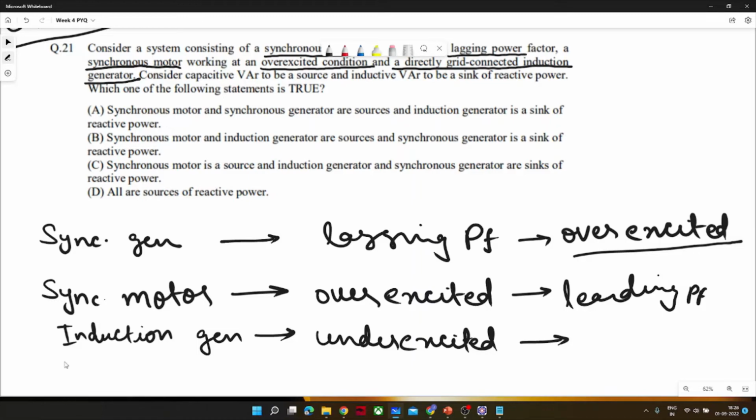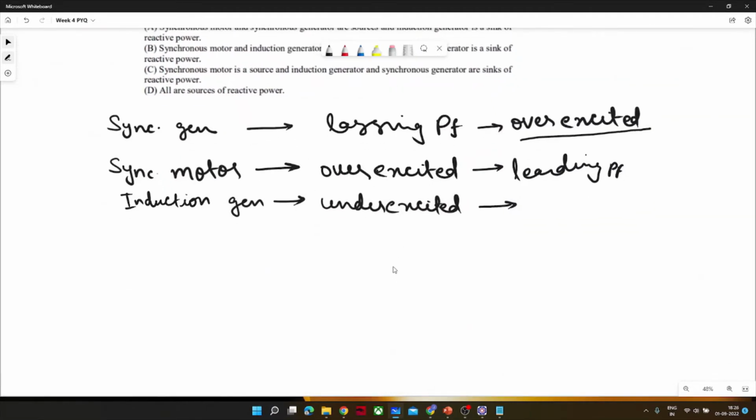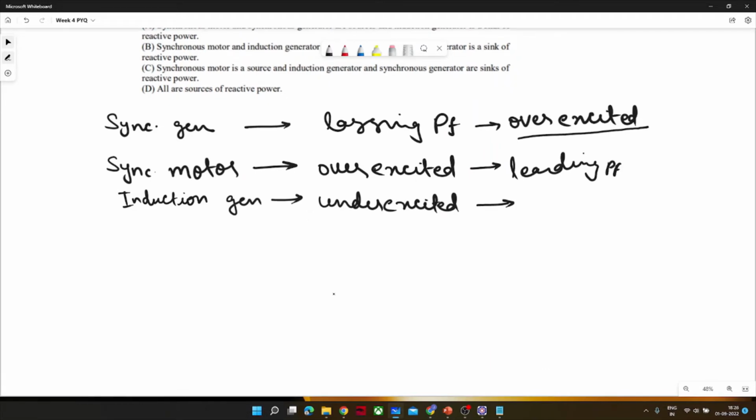Let me draw the phasor diagram for that. Sir, for power factor we use tan inverse Q by P. So as Q increases, the power factor decreases. Overexcited means more reactive power.